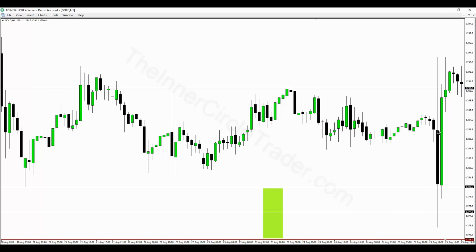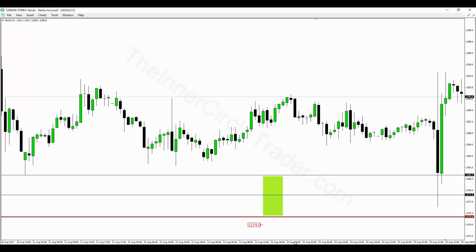Right in here, it spikes up first, runs the highs, runs these highs, trades down into the gap. So we go long at 1278, protective stop 1274, never hit, pick up a discount array, buying sell stops below these lows and here.